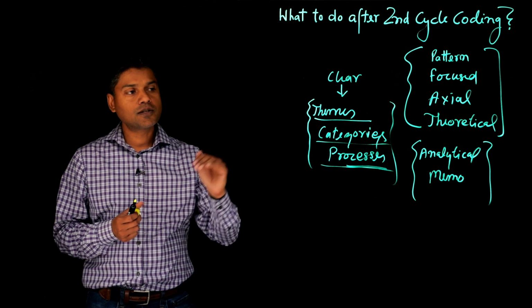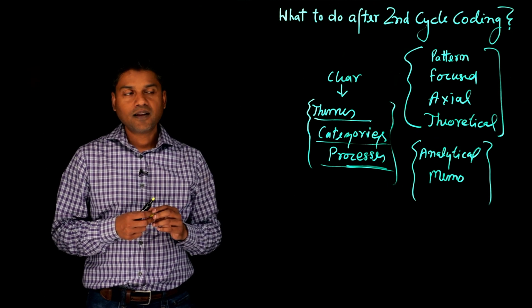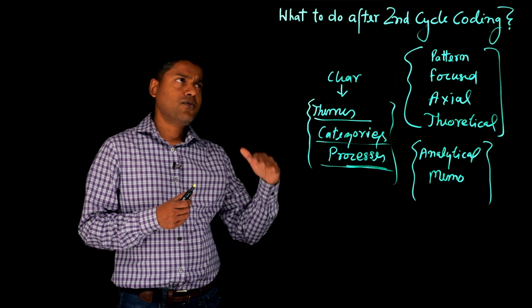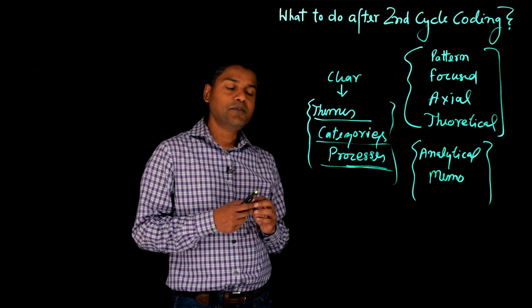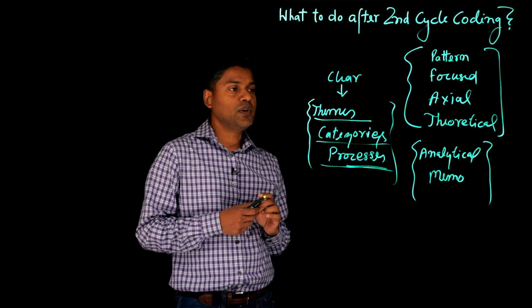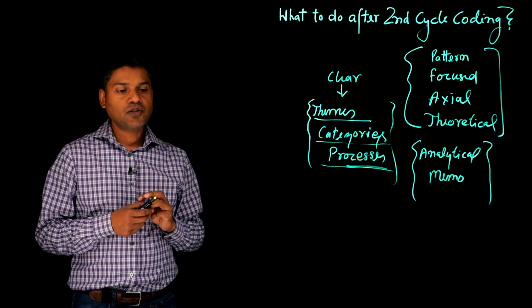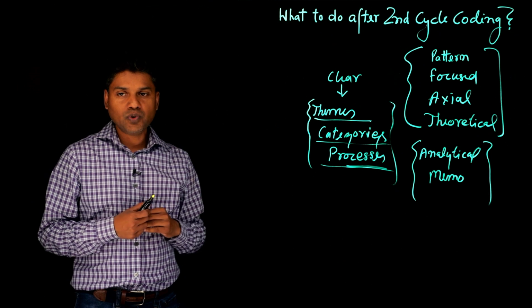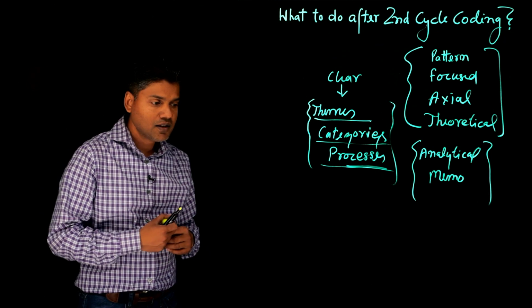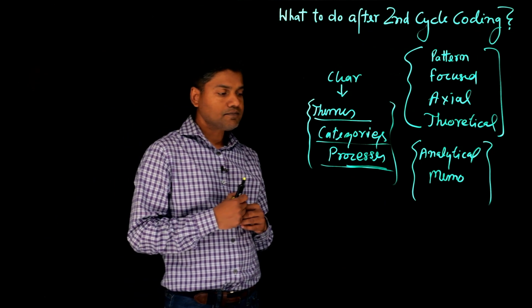And that's what is important. There is no further cycle after second cycle, because by the end of second cycle, along with your analytical memos, you are at a stage where you can start writing your findings.